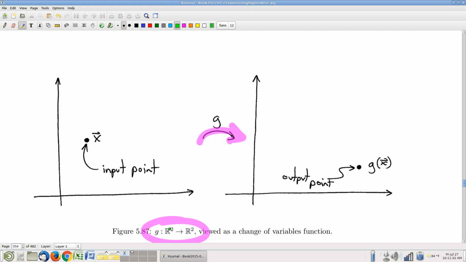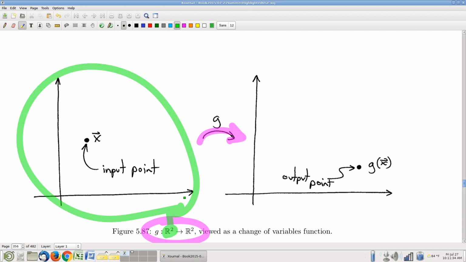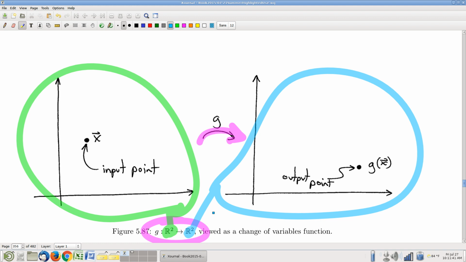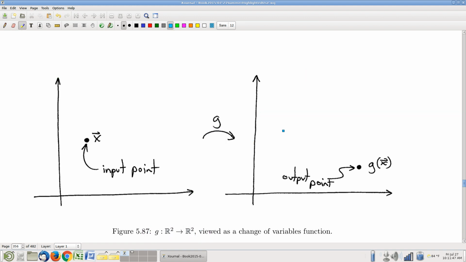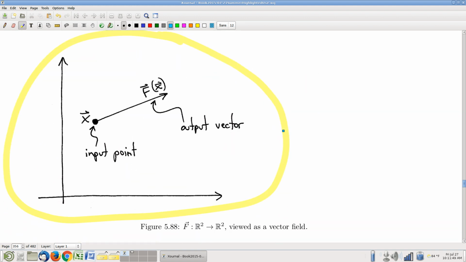We would think of our input space and our output space as being separate worlds, points in, points out. To understand this as a vector field, we have to view it in a totally different way.